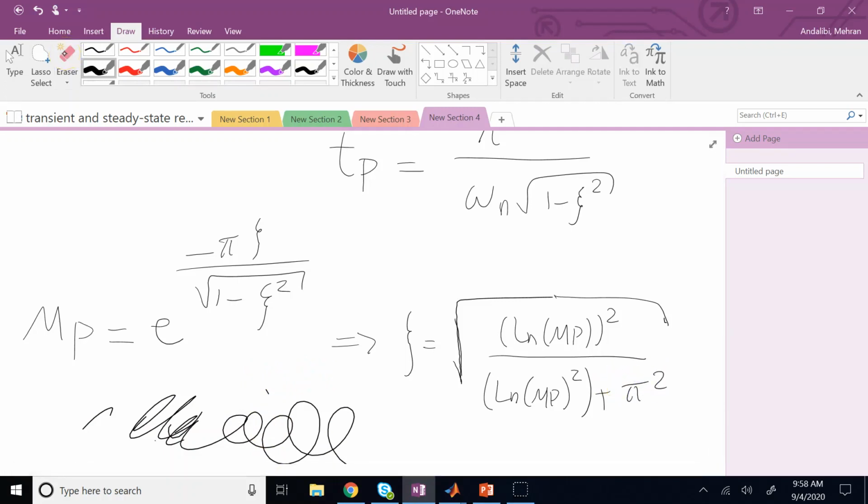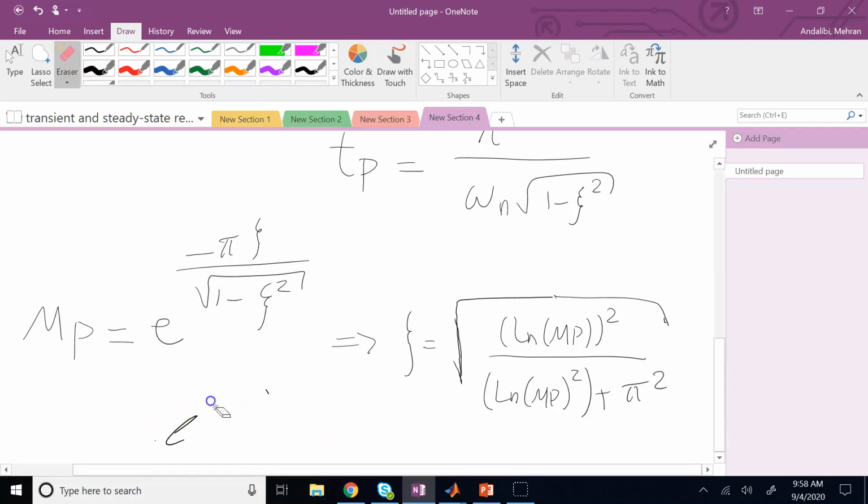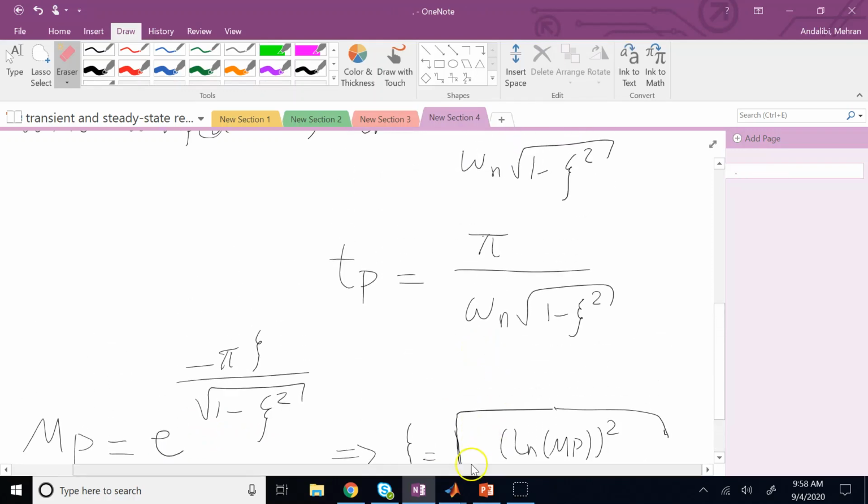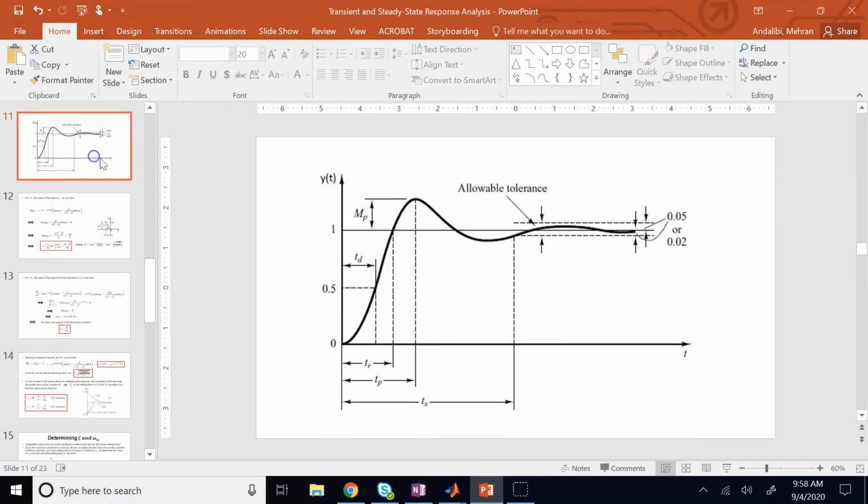All right, and clearly you might ask, what about the cases of overdamped or critically damped? Well, if you look, would you ever reach a peak? No. How much is your final peak? Nothing. You will never get that. Even if you do, your max is going to be 1.